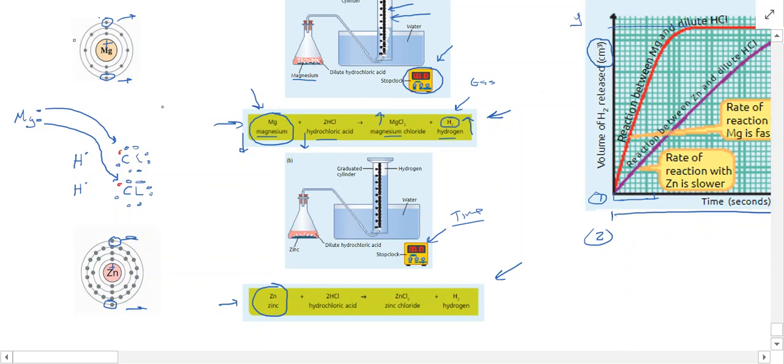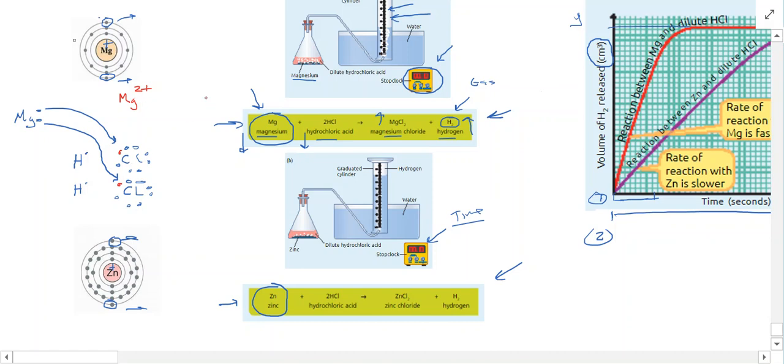Because magnesium has lost 2 negative charges, it's going to have 2 positive charges. It creates an ion with a 2+ charge, because the balance of protons and electrons is not the same anymore. It now has 2 protons that don't have 2 electrons to counterbalance them, so it becomes positively charged.